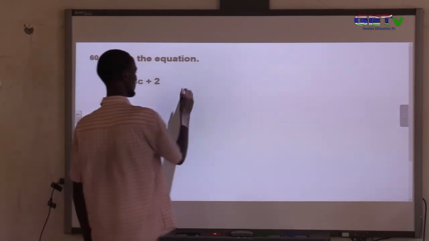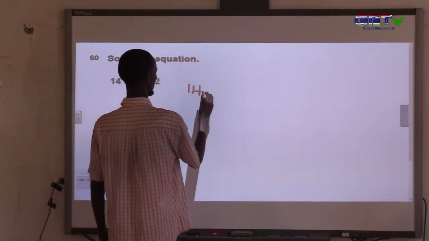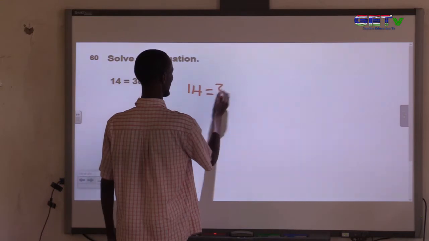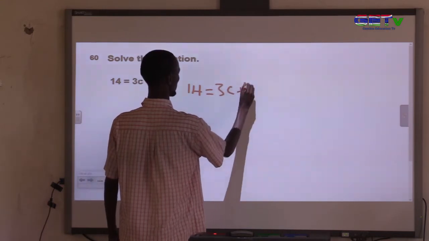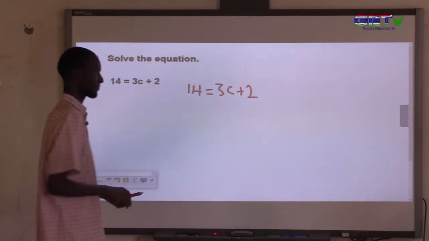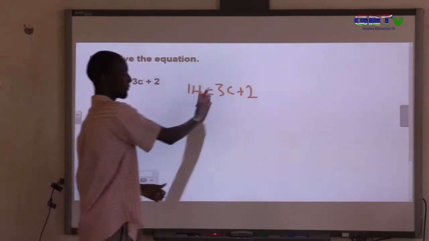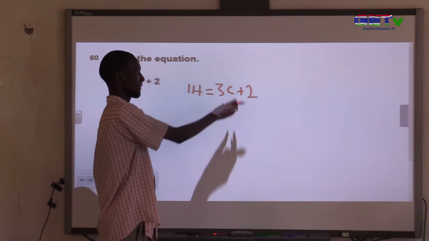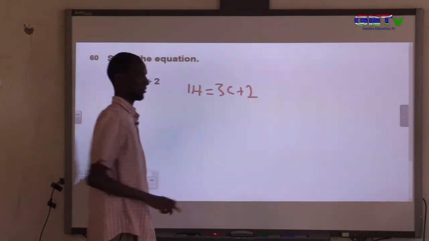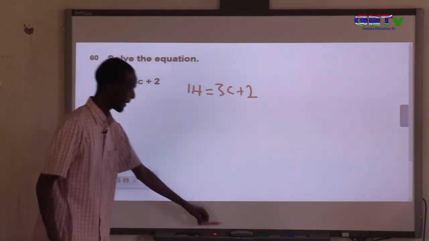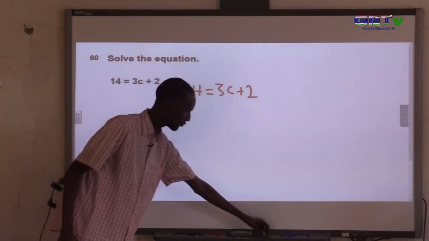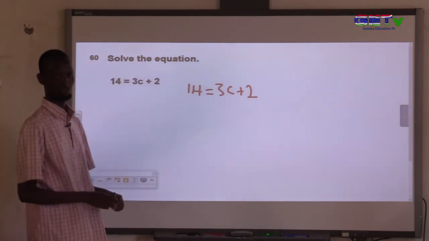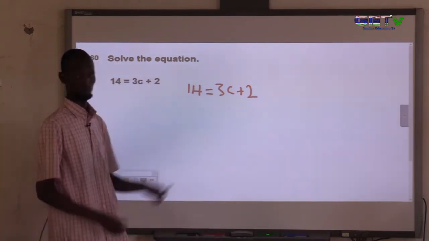So we have 14 equals 3c plus 2. Now, where the variable is, we have 3c, that is 3 times c, multiplication, plus 2, addition. And by now, we know you must undo an addition before a multiplication. So we need to undo the plus 2.